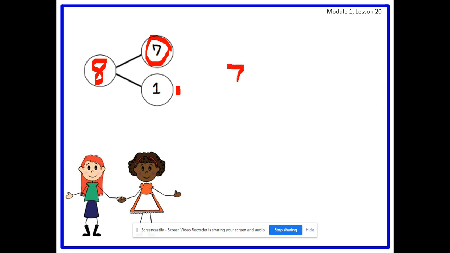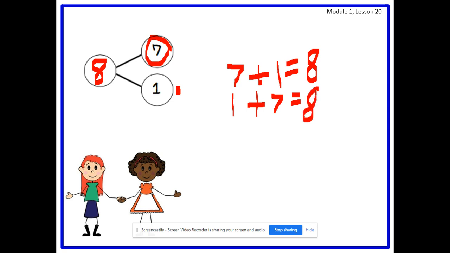Ready? 7 plus 1 equals 8. Now let's flip the parts and start with the smaller part. Get ready. 1 plus 7 equals 8.